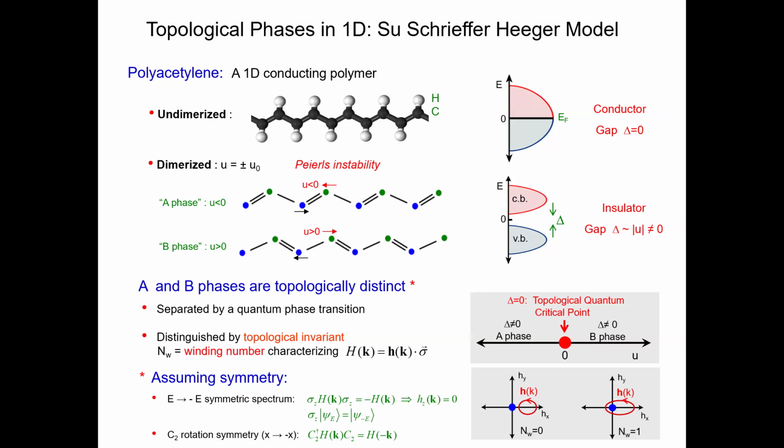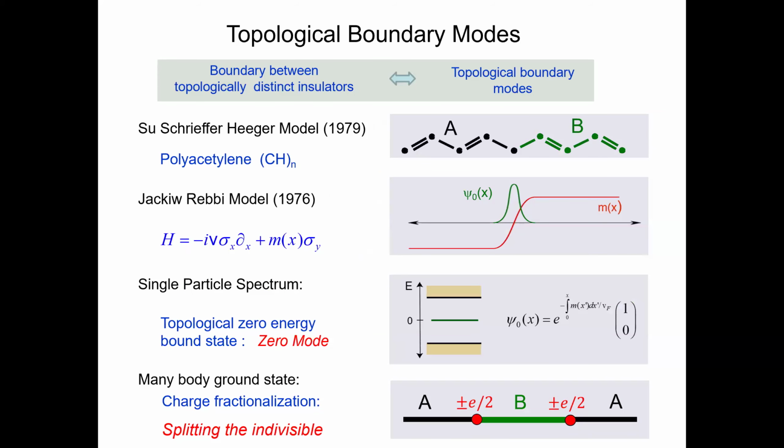Given that we have these topological phases, the natural question is what consequence that has. The consequence is that on the boundary between distinct topological phases, there are topologically protected boundary modes. This is a problem which has been discovered and rediscovered many times over the years. Let me give you the simplest version, which is to consider the most extreme limit where the strong bonds are really strong and the weak bonds are equal to zero.